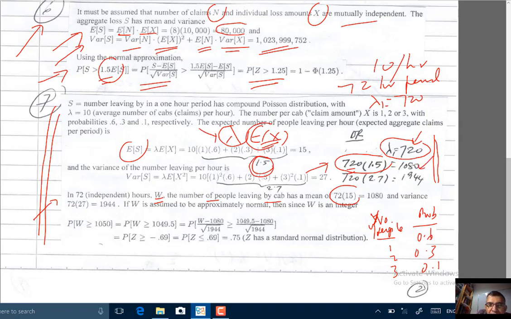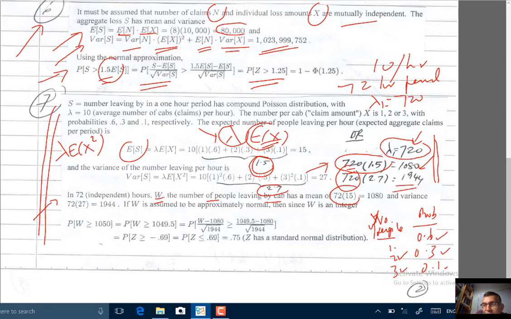Remember the other one? Lambda times the expected value of X squared. We can do that also, except now my lambda is 720. For the expected value of X squared, take 1 squared times 0.6, 2 squared times 0.3, 3 squared times 0.1, and you will get 2.7. So take 720 times 2.7, you will get 1944.